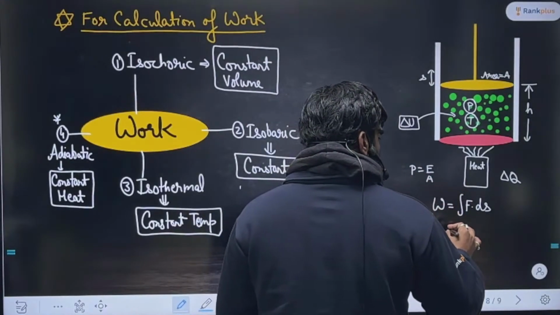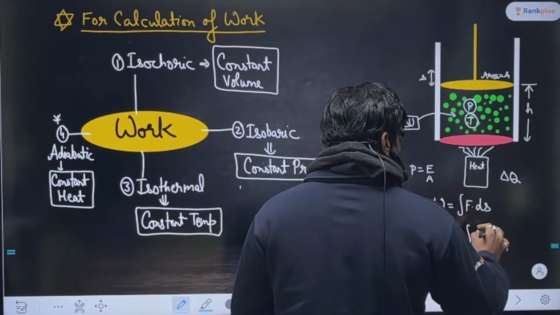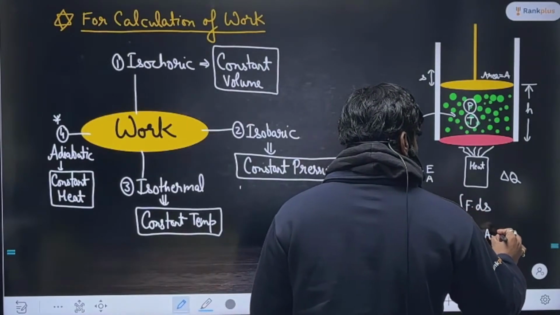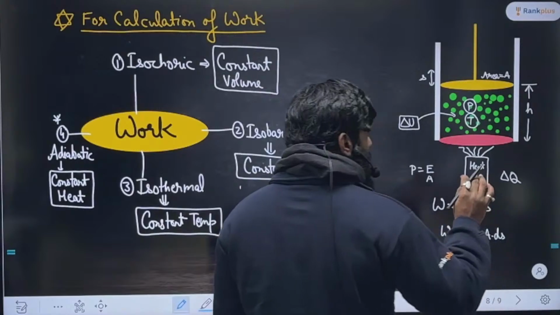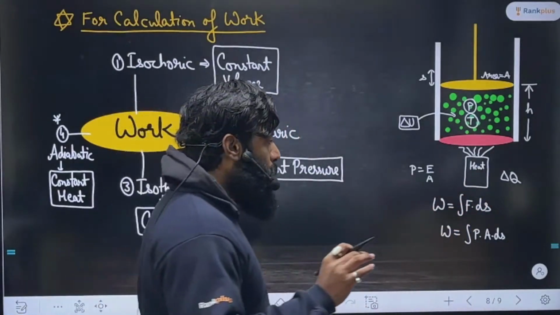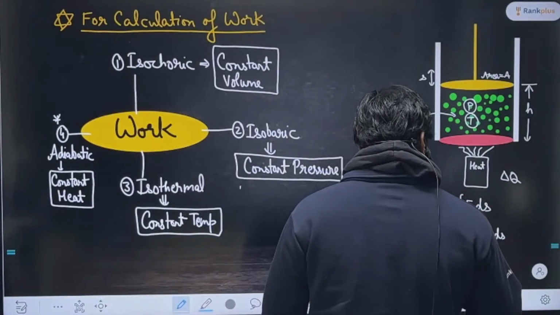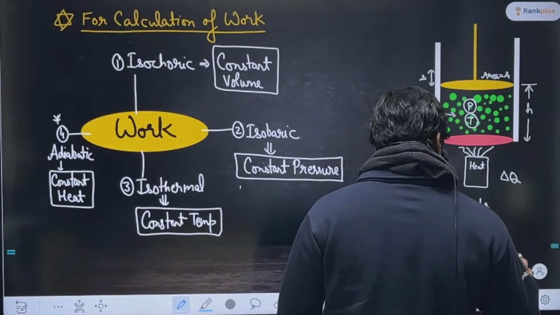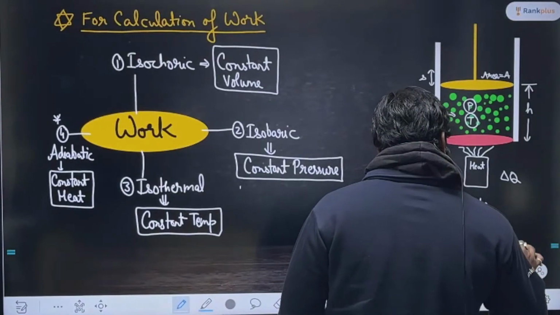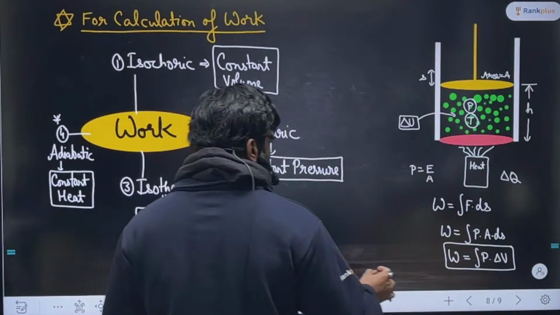So I can replace this force with pressure times area, and area times ds is actually the change in volume. So work done is equal to P delta V.